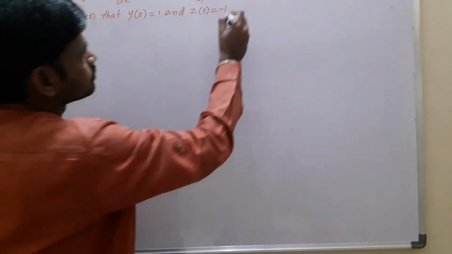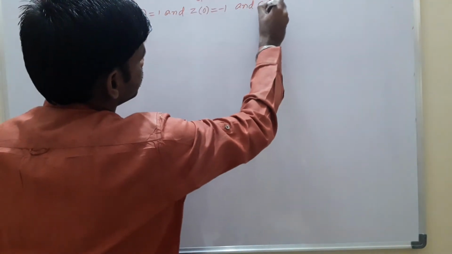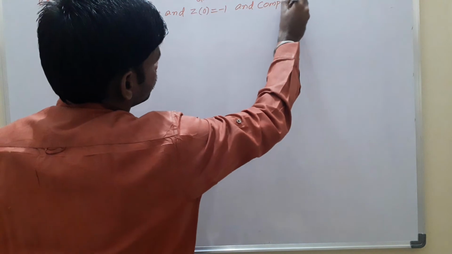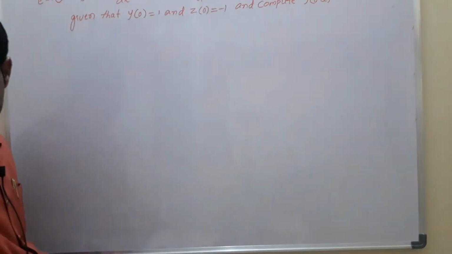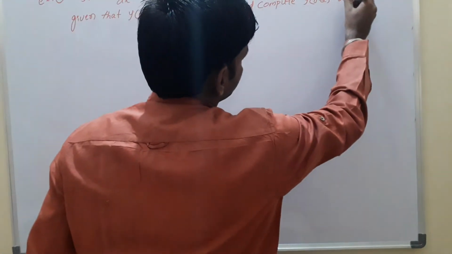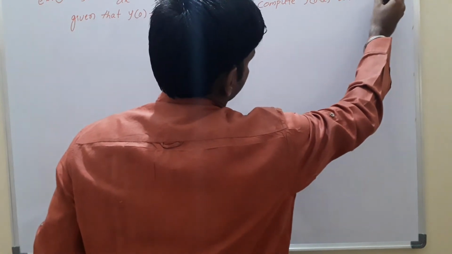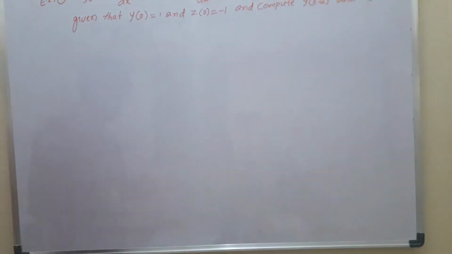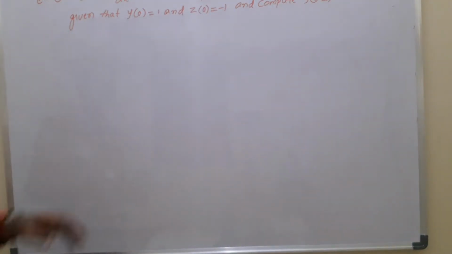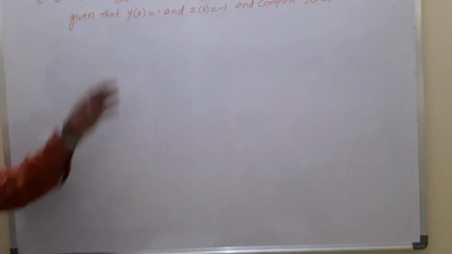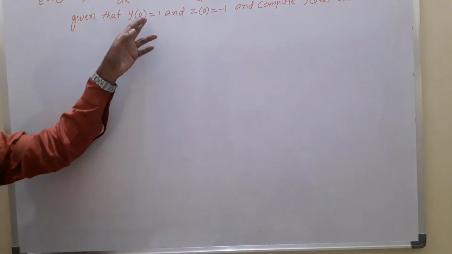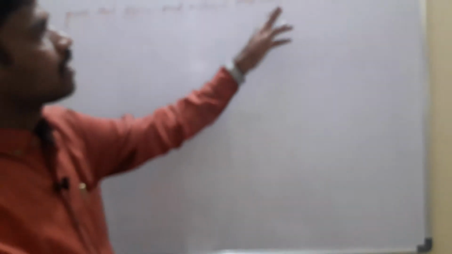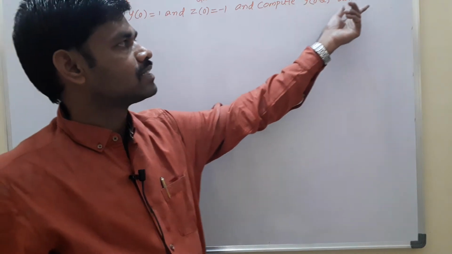and compute y of 0.2 and z of 0.2. They are given simultaneous first order equations dy by dx equal to yz plus x and dz by dx equal to xz plus y, and also given y of 0 equal to 1 and z of 0 equal to minus 1, and we have to compute y of 0.2 and z of 0.2.